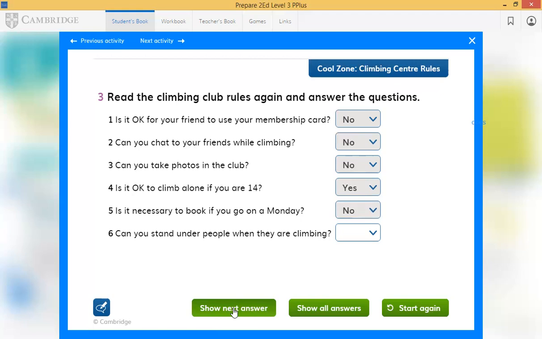Diego, can you stand under people when they are climbing? Yes or no? Ah, no. No, obviously no. Okay, accidents can happen in a moment, so no, there is no permission to be under people when they are climbing. So right there you have the answers.